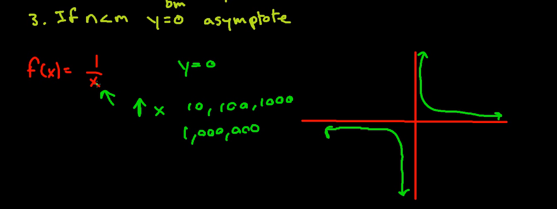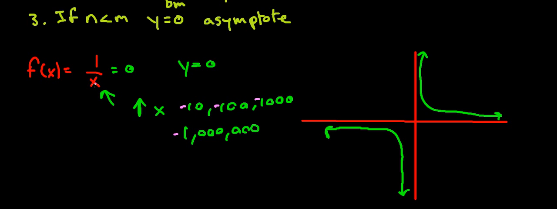So we can see that as we put in larger and larger numbers for x, it's going to get closer and closer to the value of 0. And same thing if we put in negatives for all these numbers. If we put in negative numbers like -10, -100, -1,000, -1,000,000, it's also going to get closer and closer to 0. But it will never actually become 0.